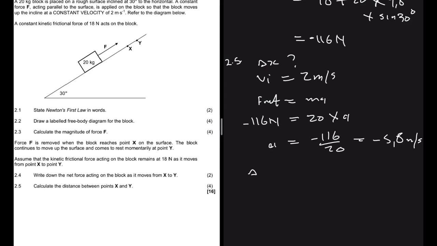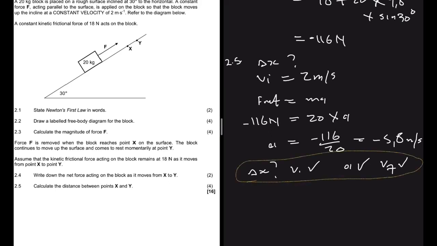So now we have delta X, our unknown, we have VI, we have acceleration, and we know that VF is equal to 0, because at Y, they're saying that it stops momentarily, right? And then after that, it slides down. So which equation of motion has these 4 variables?